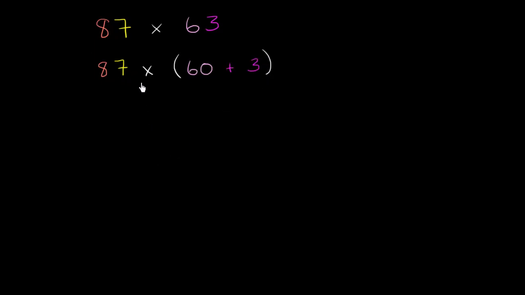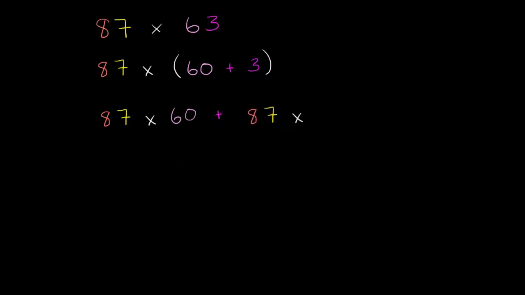Well, 87 times 60 plus 3 is going to be the same thing as 87 times 60, plus 87 times 3.